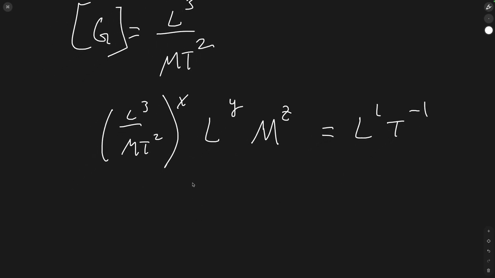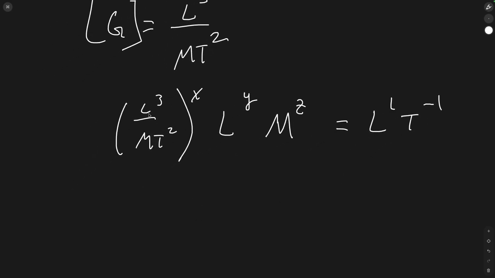All right. So this is L cubed to the x times L to the y. That's going to be L to the 3x plus y. This is going to be m to the minus x times m to the z. That's m to the minus x plus z.